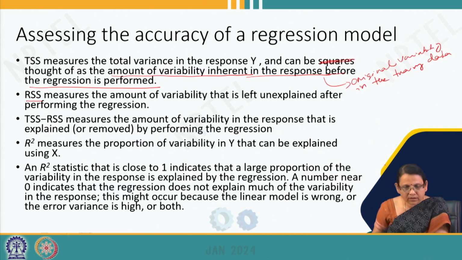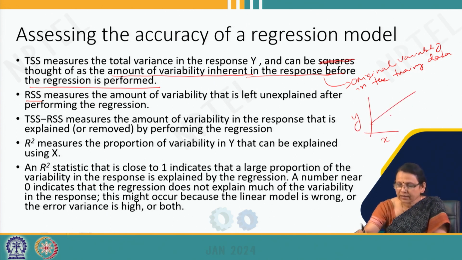So, RSS measures the amount of variability that is left unexplained after performing the regression task. Now, what remains unexplained? Let us say this is our regression line, and after the regression, depending on the values of beta that you get, this is the value which got predicted, but this was the actual value. So, this was the variability that was left unexplained.